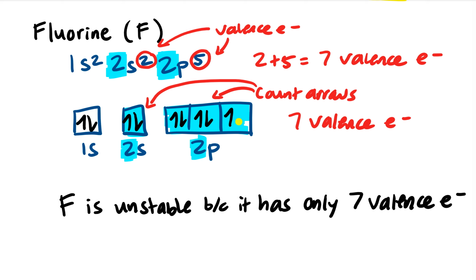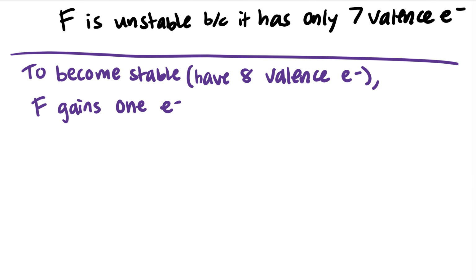And so when it snags another electron, meaning when it steals or gains that 1 electron, what is its electron configuration going to look like? Remember, it starts with this orbital notation.